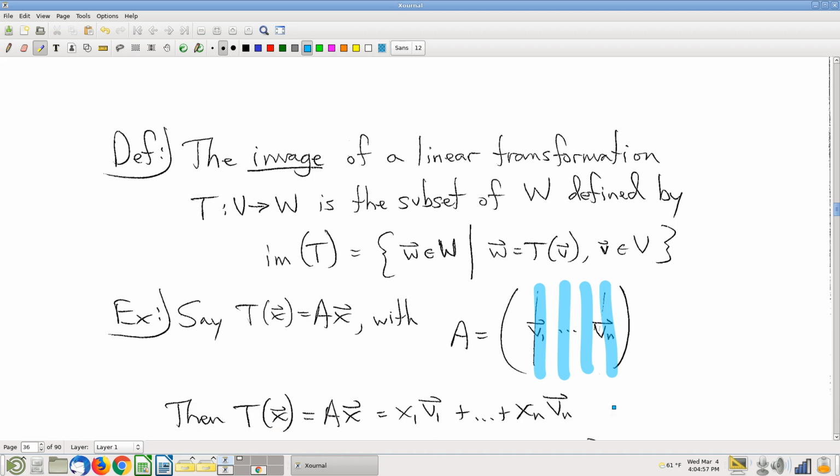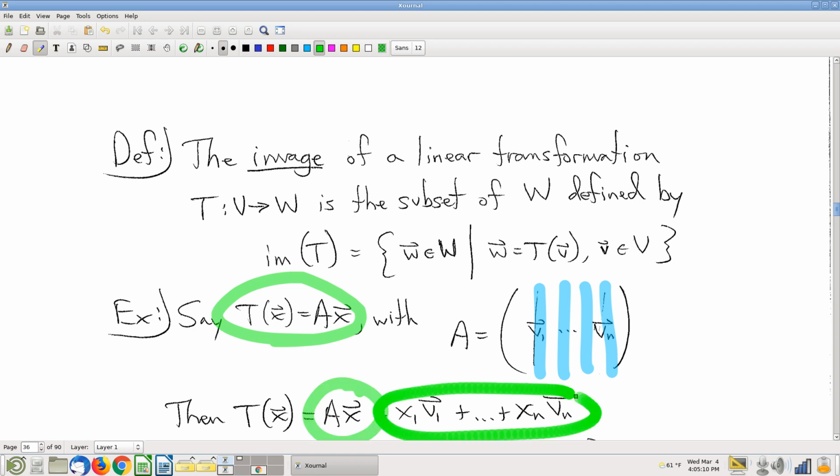Another reminder, if you want to compute this linear transformation, if you want to multiply some vector by a matrix, the way you multiply a vector times a matrix is you're taking a linear combination of those column vectors. Right? There's various different points of view on matrix multiplication. I claim, I've said it a million times, I'll say it a million more. A great point of view on matrix multiplication is to think about it as linear combinations of column vectors.